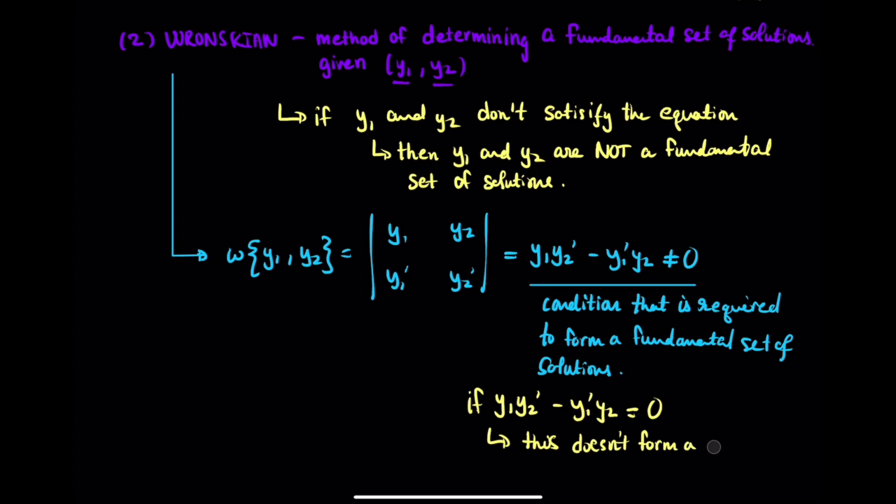And I'm just going to write FS, fundamental set. So that means that y1 and y2 are not linearly independent. Okay? So that's the Wronskian.